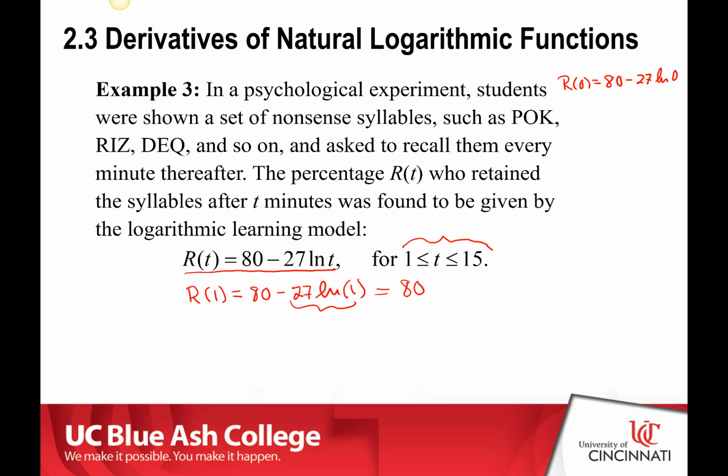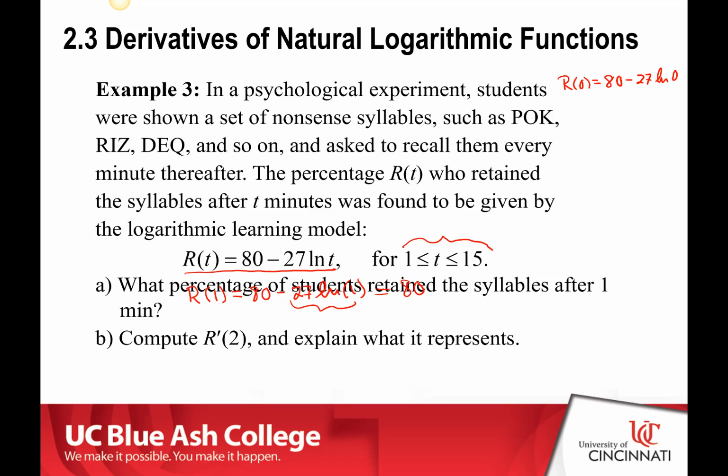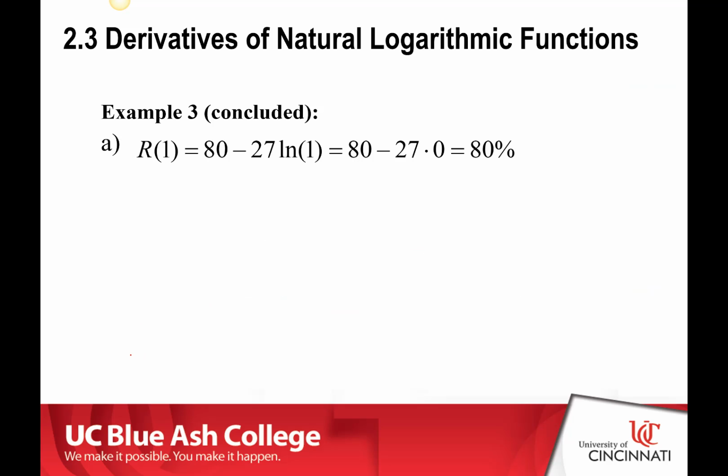Okay. Now, where things can get a little bit trickier is, so we did that, got that done. Second thing we're going to look at here is we're going to compute the derivative and evaluate it at 2. Well, computing the derivative itself is not a horrible thing to do because, remember, our original function is 80 minus 27 times the natural log of t, and with the derivative being with respect to t, the 80 is going to be 0, isn't it?